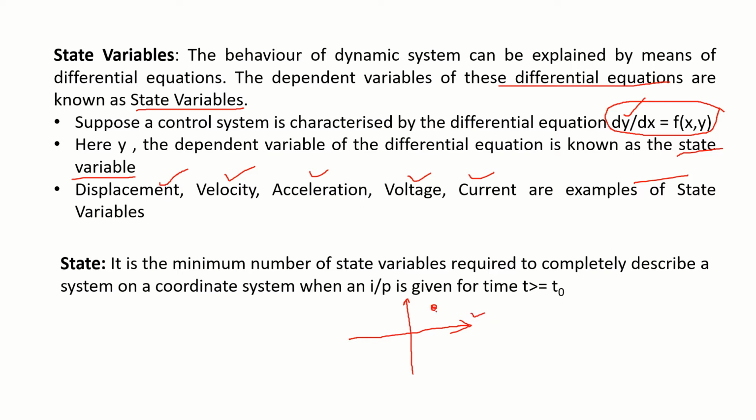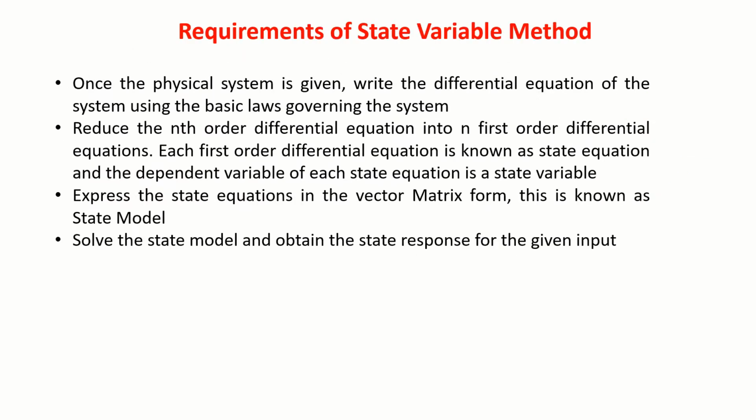Suppose it's a two coordinate system, then two variables are required. In three-dimensional space, three coordinates are required. In a four-dimensional space, along with these three coordinates, you have another coordinate, the fourth dimension. So if there are n state variables, then I require n coordinates.